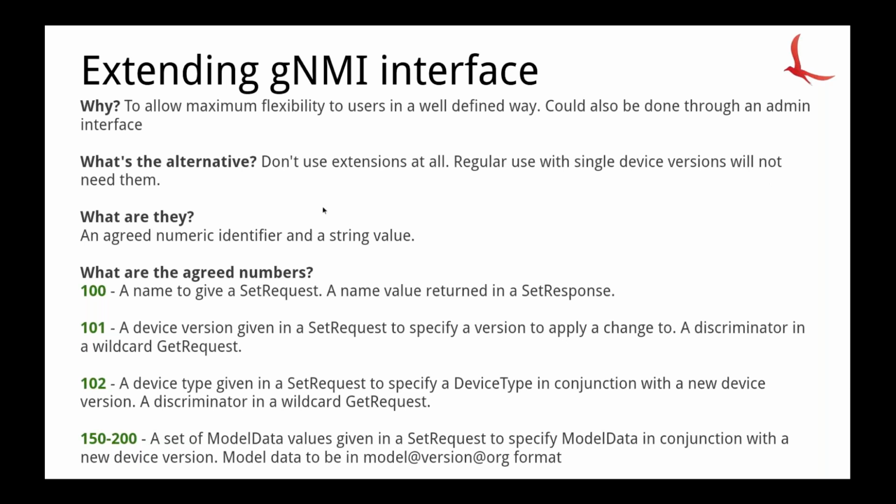So just to give an idea, what are they? They're a set of numeric identifiers with a string value that you can add onto a GNMI call, like, for instance, set. I randomly picked 100 as a starting point for the name of a network configuration change.